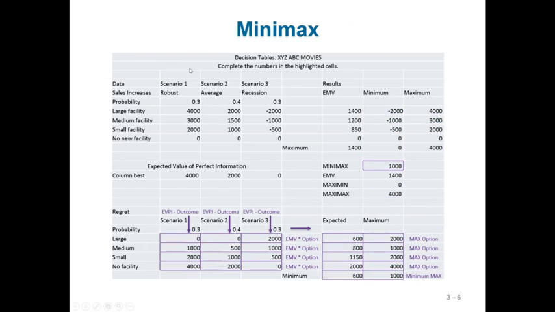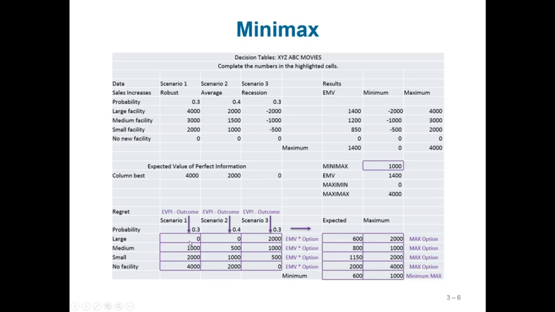Now finally, your Minimax is going to be, how can I minimize my maximum regret? So which of my options out here gets me to the best outcome that's a possibility? So you take the expected value of perfect information here minus the outcome that shows up here.